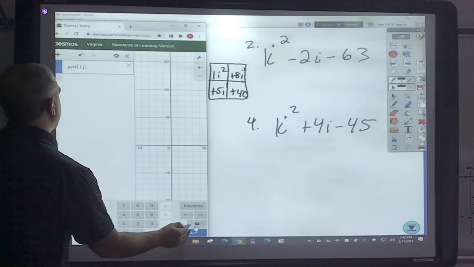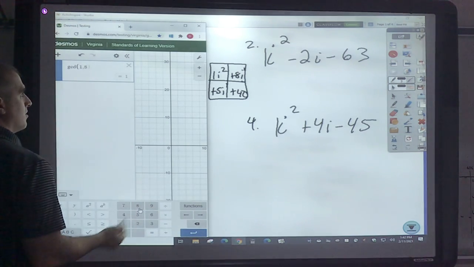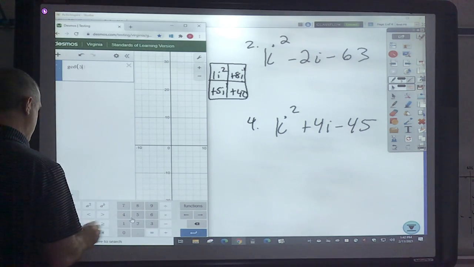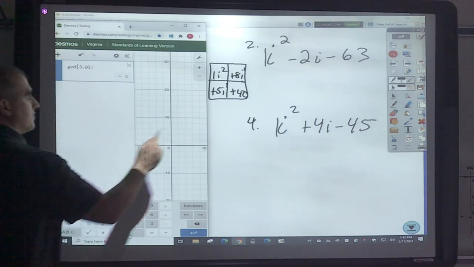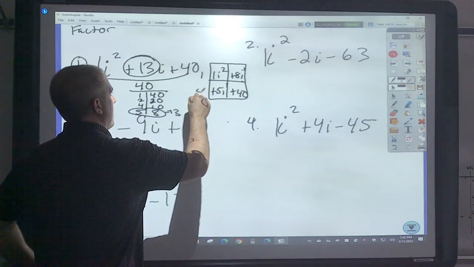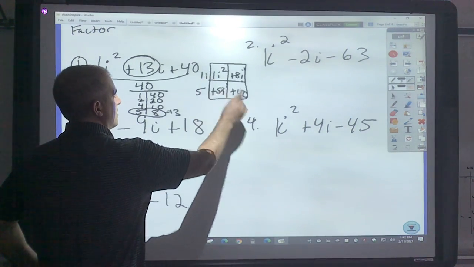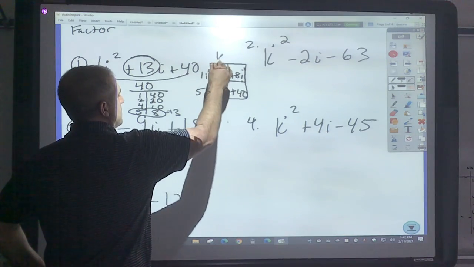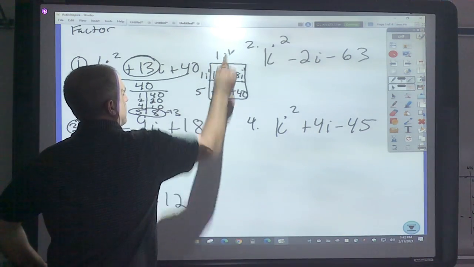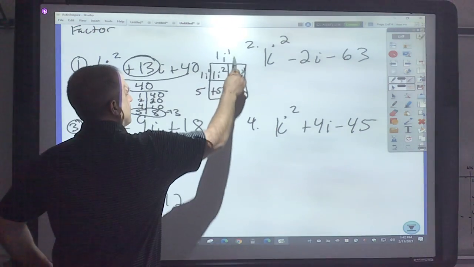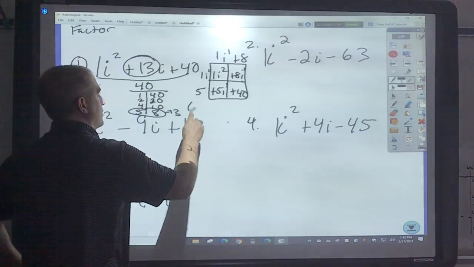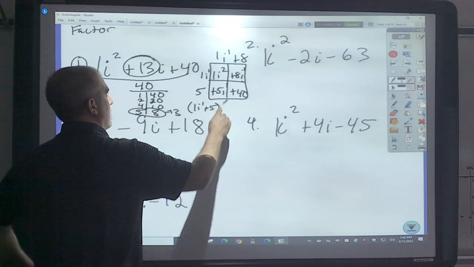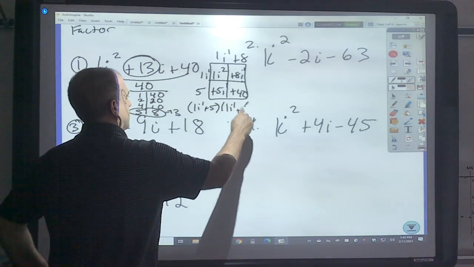So I got 1 and 8, which is 1, and then 5 and 40, which is 5. So 1 and 5. This has an i to the first, this does not. 1 times 1 would give me that. This would have an i to the first there. 1 times what would give me 8? That would just be 8. So I got 1i to the first plus 5, and 1i to the first plus 8.